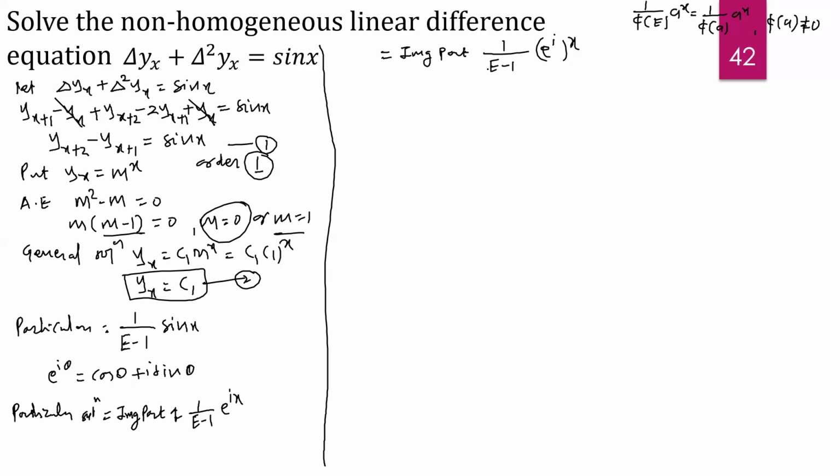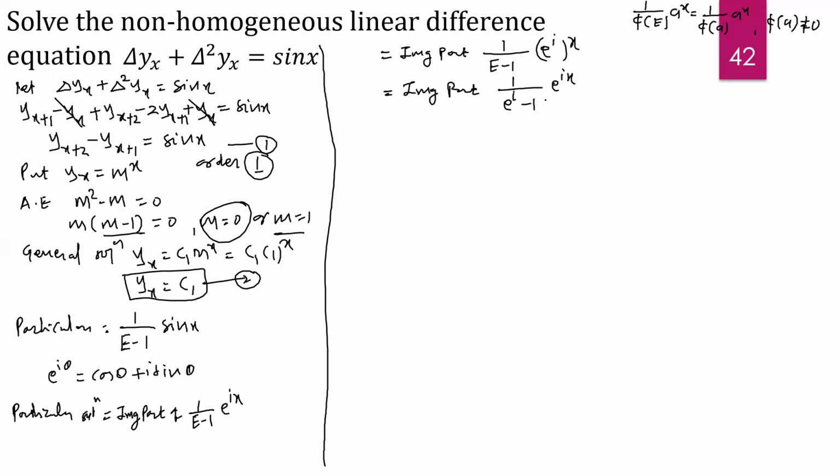Here instead of E we put a equal to e raised to i, so it is the imaginary part of 1 upon (e raised to i minus 1) into e raised to ix.